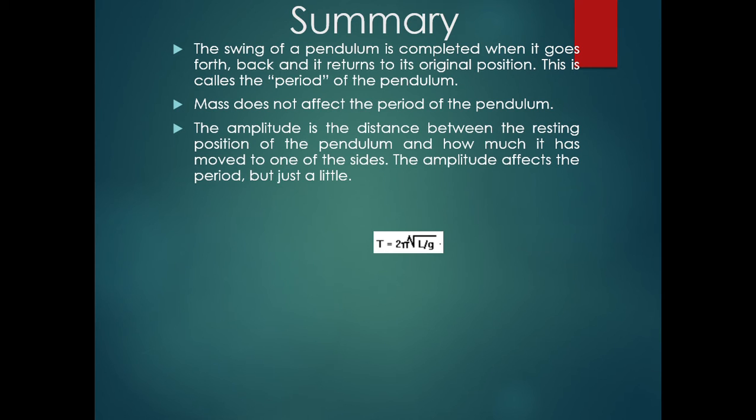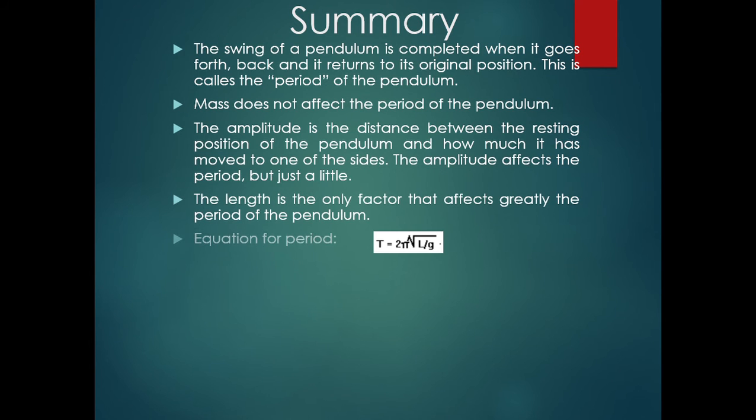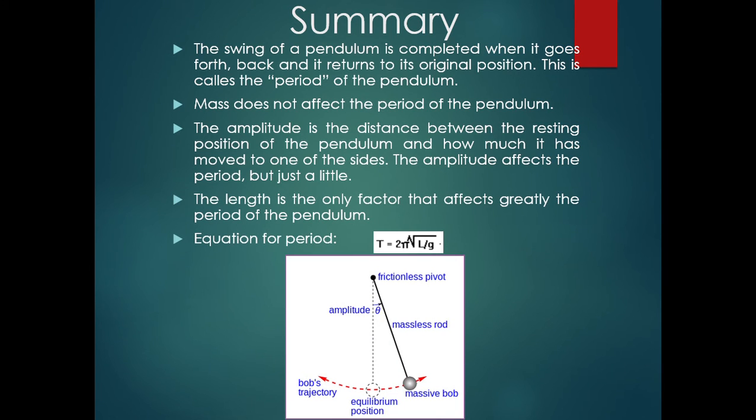The amplitude is the distance between the resting position of the pendulum and how much it has moved to one of the sides. The amplitude affects the period, but just a little bit. So we're going to jump a little to the picture that we have right here.